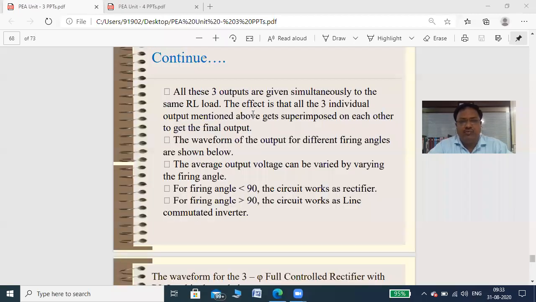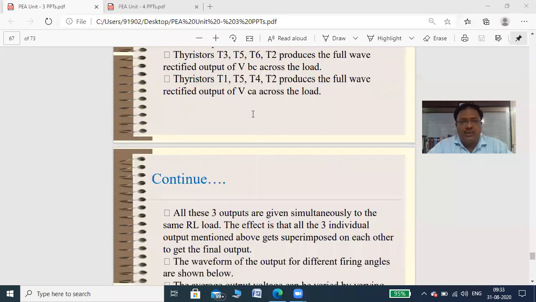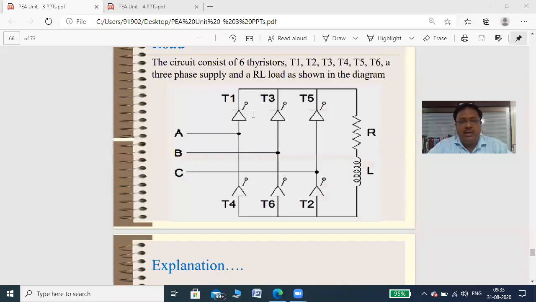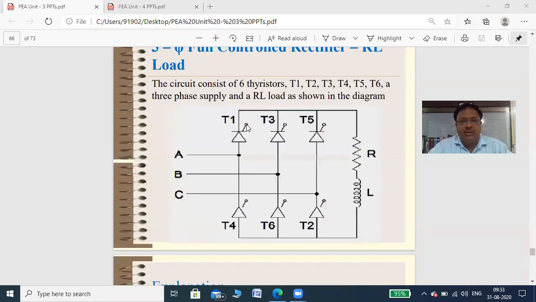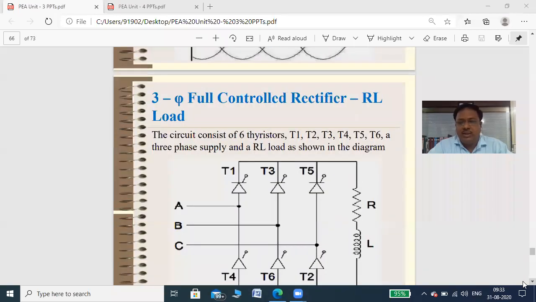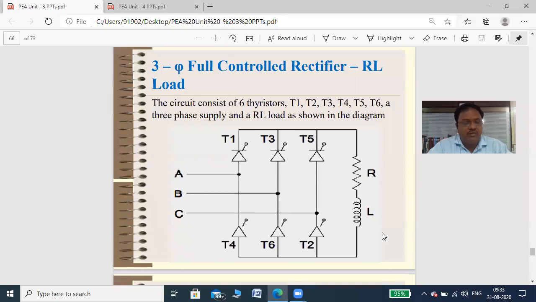In total there will be 8 or 9 converters that we have seen. Actually 9 is a broad topic, but if you count the minor topics, it is definitely more than 8 or 9, because in three-phase converters we have seen maybe 5 to 6 converters. First, the midpoint converter using SCR for R load, then for RL load, and with a freewheeling diode.